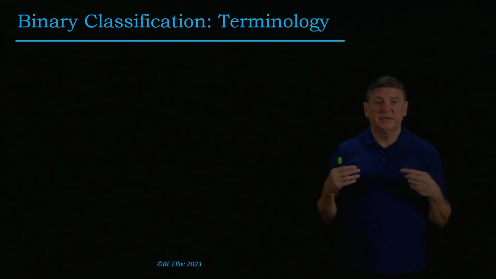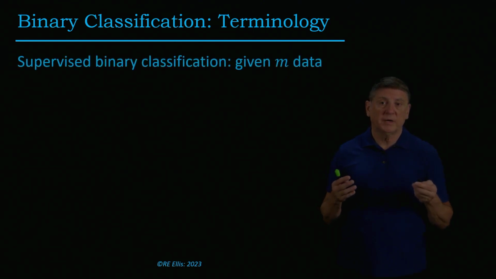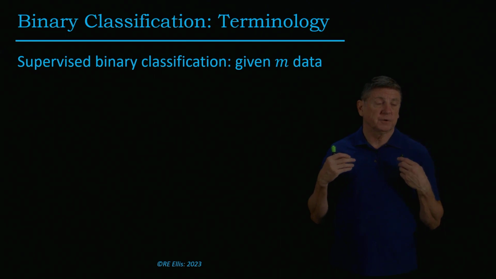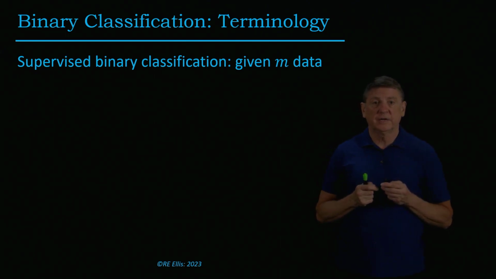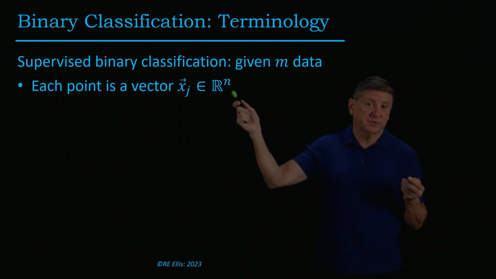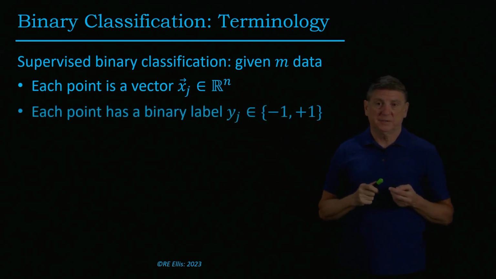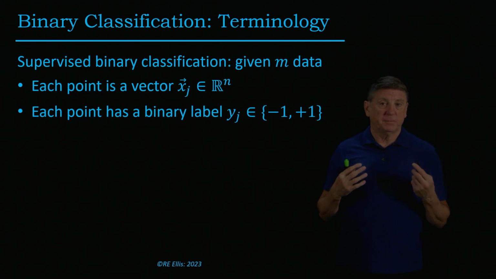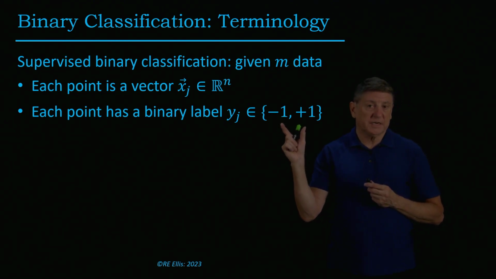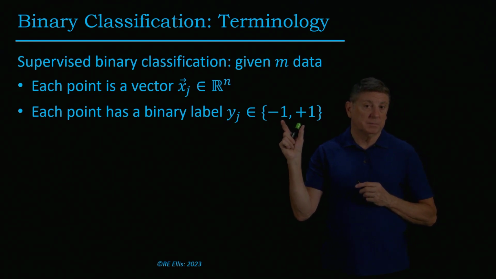Binary classification is the simplest and a very, very common way to do it. So in supervised binary classification, which is a common form of machine learning from data, you're given m data, and we'll think of these as vectors that have n real entries. And each point will have a binary label. Now, these labels will change. For this session, we'll use the labels -1 and +1.